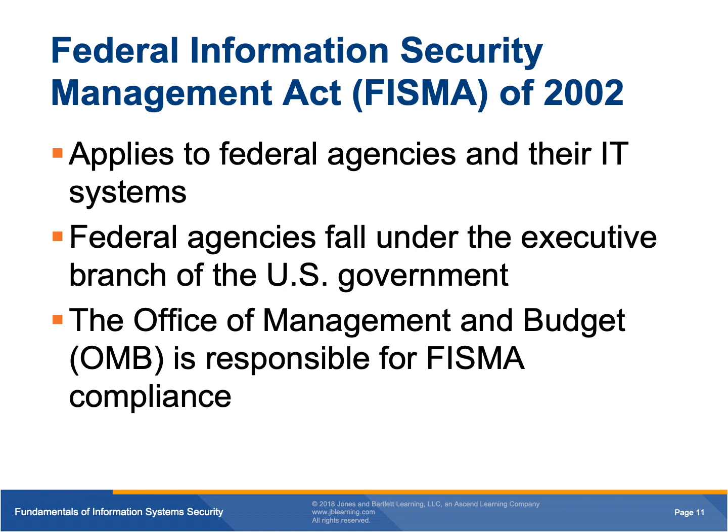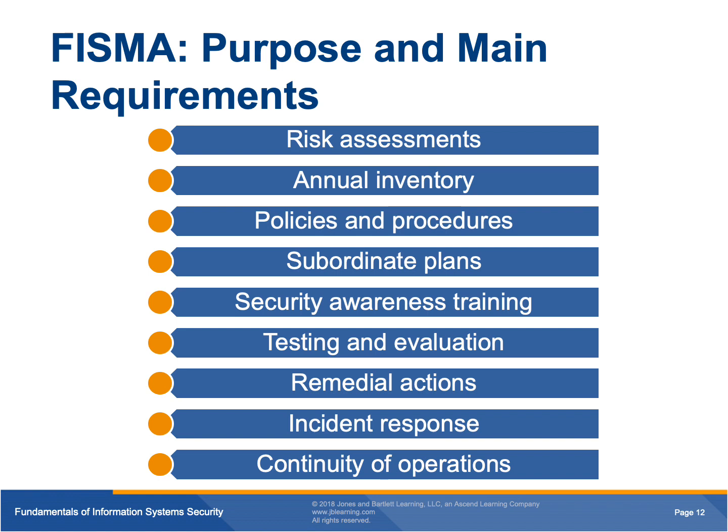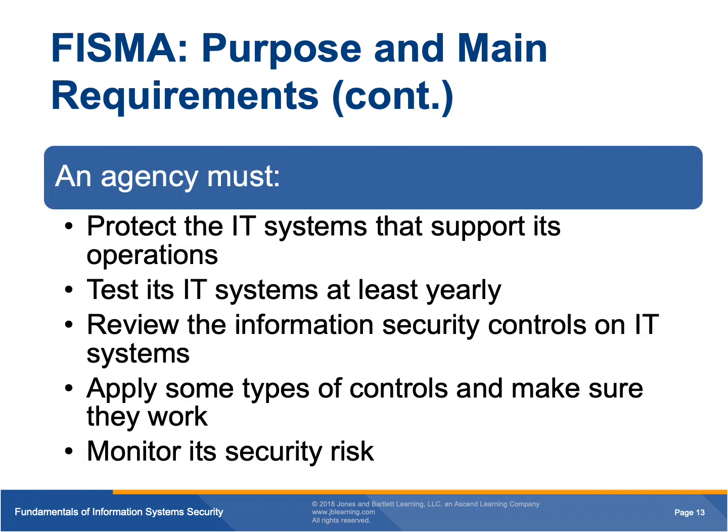So there's the Federal Information Security Management Act, FISMA, that applies. This applies only to US government agencies, federal agencies, and requires them to do a certain number of things. So do risk assessment, an annual inventory, policies, procedures, plans, security awareness training, etc. Again, all U.S. agencies must put in place mechanisms to protect the information. They must do a yearly test.